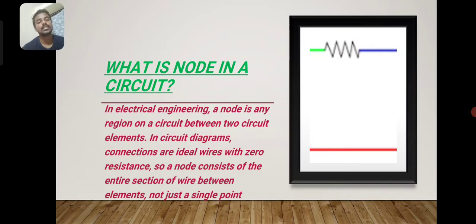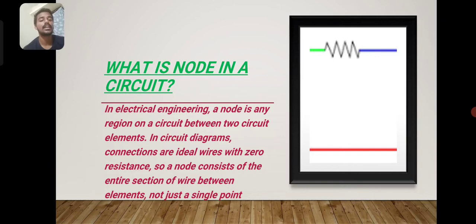And again, we know what a node is in a circuit. By seeing this image, in electrical engineering, a node is any region on a circuit between two circuit elements.